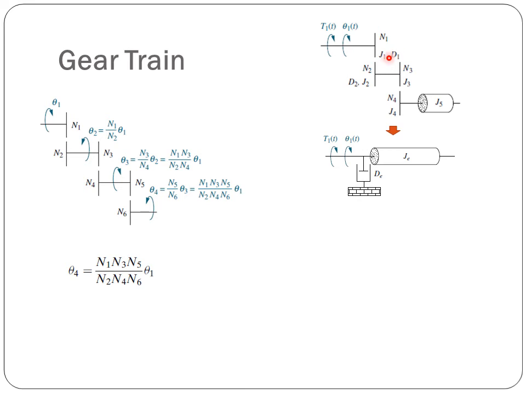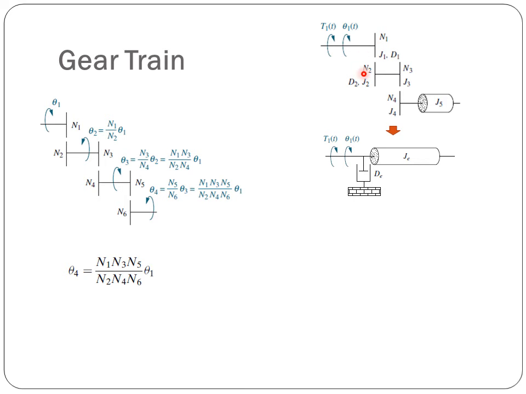So if the weight is heavy, in that case we have to include this inertia. And also we are including some friction here, viscous damper D1, which is associated with this axis. So we are assuming that we have some friction which is not negligible, so D1 is included.